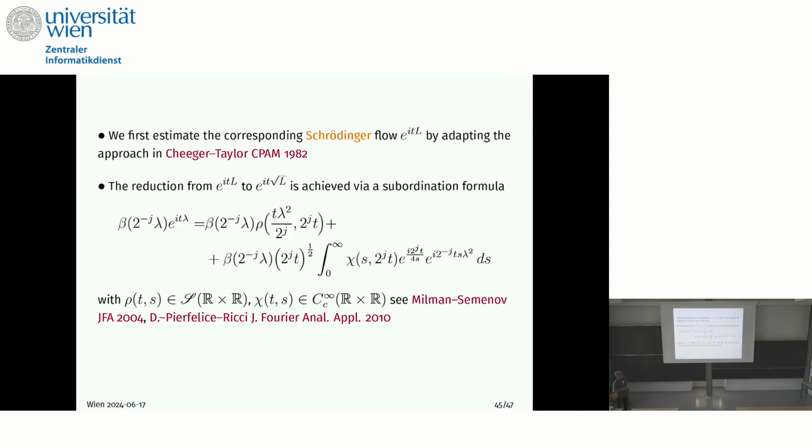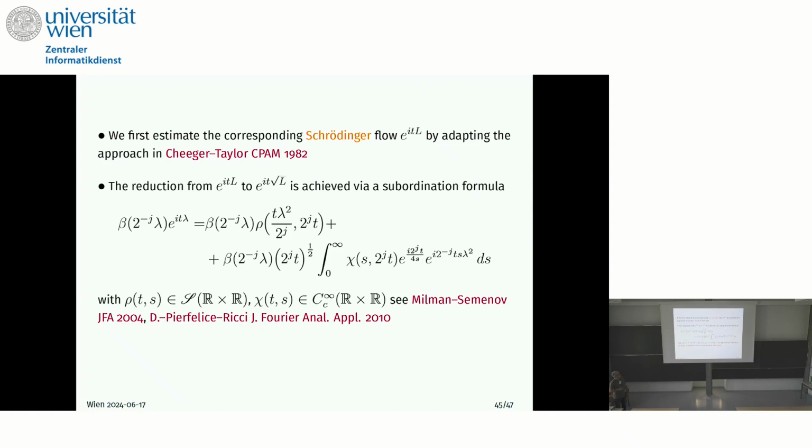For this, there are some ideas already, of course, by modifying what Zhiqing and Taylor did. It's relatively standard to work out the dispersive properties of the Schrödinger operator associated to this. To go from Schrödinger to wave, a nice trick is to use a subordination formula. This works also for operators, of course.